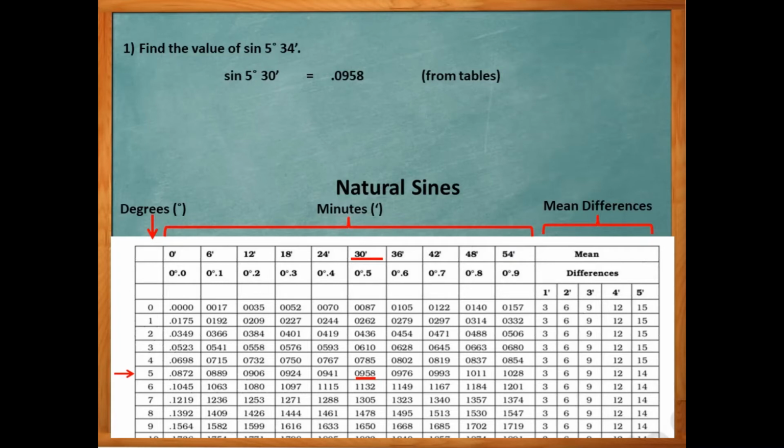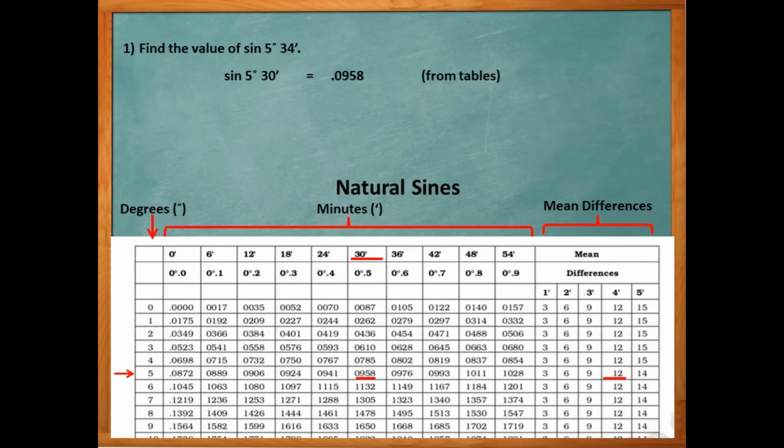0.0958. But what we need to know is the value of sine 5 degrees and 34 minutes. What we need to add for 30 minutes to make it 34 minutes is 4, right? So we will find the mean difference of 4 along the row of 5 degrees, which is 12.